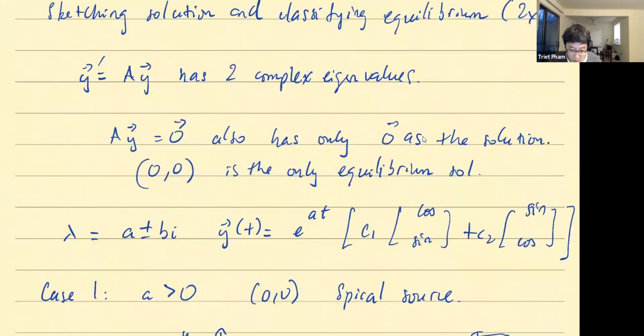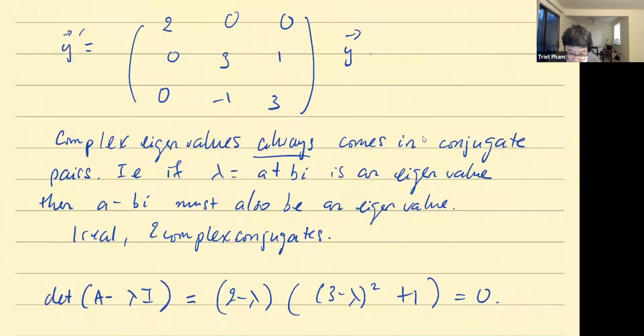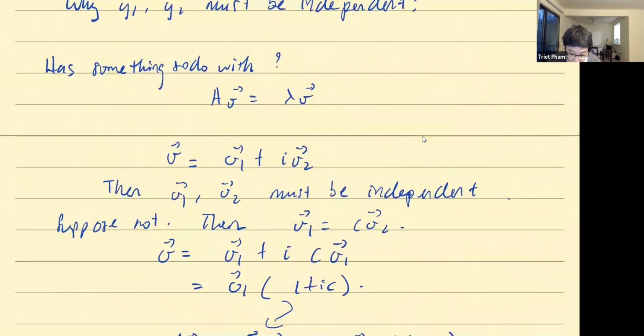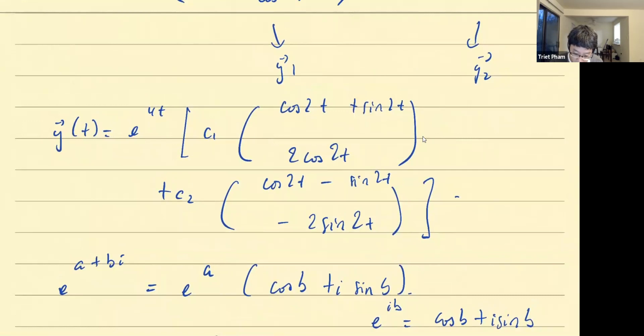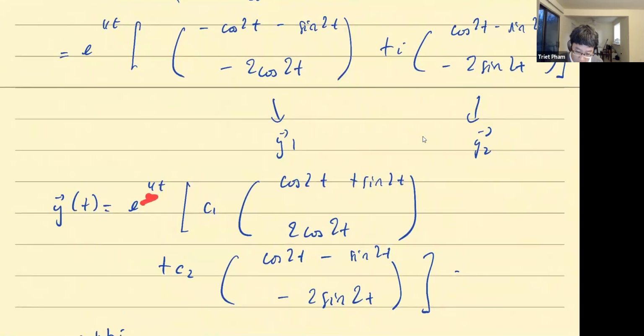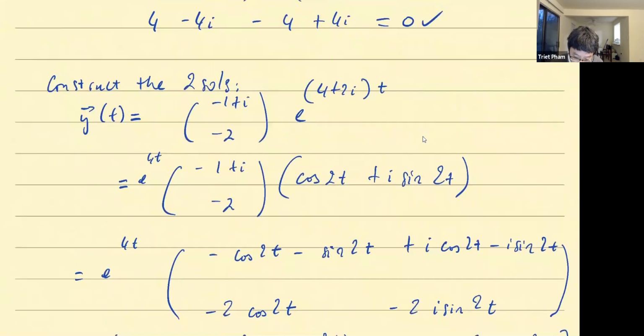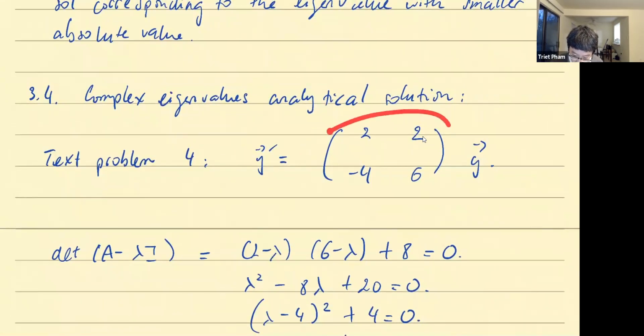So let's see. The ones that we did before, was it both positive or was it positive or negative? So it's positive. So what was the matrix? This matrix, 2, 2, minus 4, minus 6.